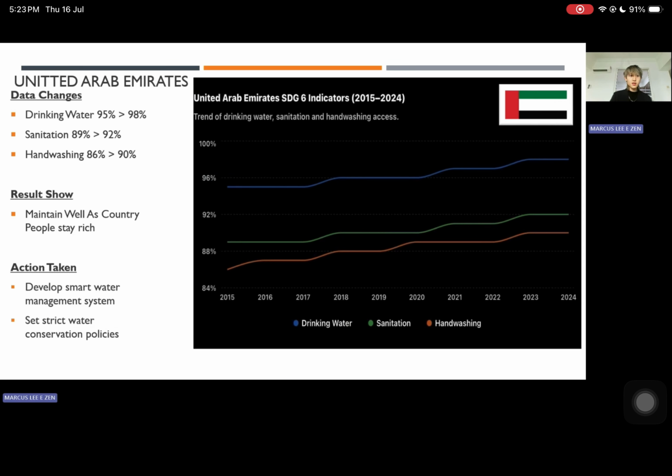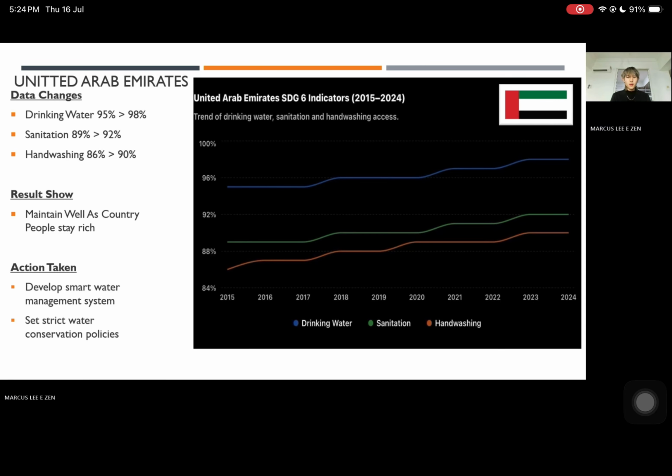The next country is the United Arab Emirates. The UAE has continued to maintain a high standard of clean water and sanitation, as they are a rich country, so they can do a lot of things. Their drinking water has increased from 95% to 98%, sanitation from 89% to 92%, and hand washing from 86% to 90%.